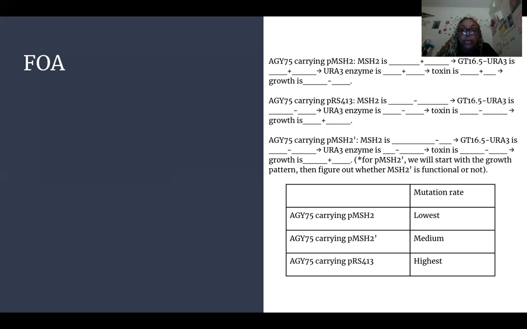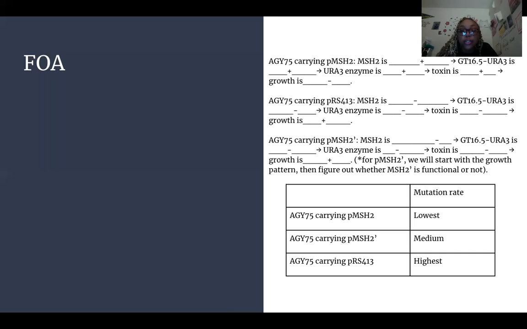For AGY75 carrying PRS413, if there is no MSH2 present, then the GT 16.5 is not there, and then the URA3 enzyme will not be present as well. The toxin will not be present, which will lead to growth.